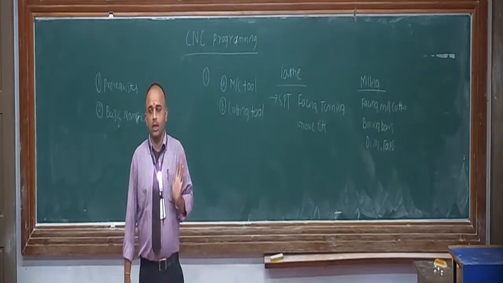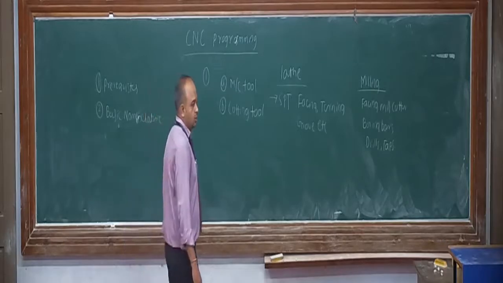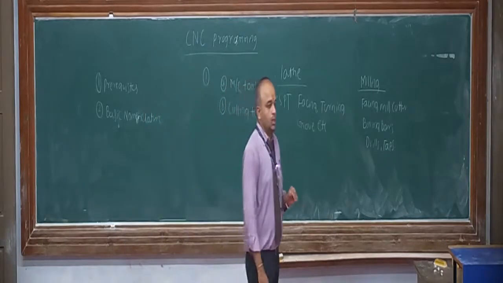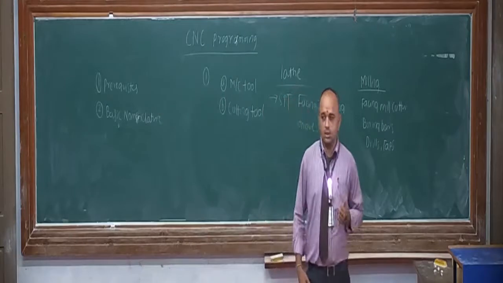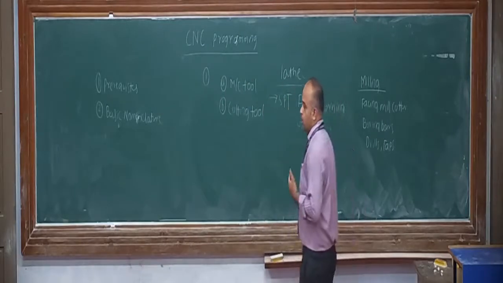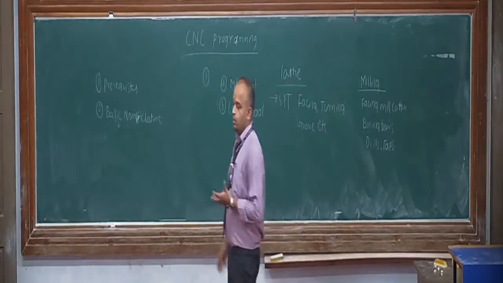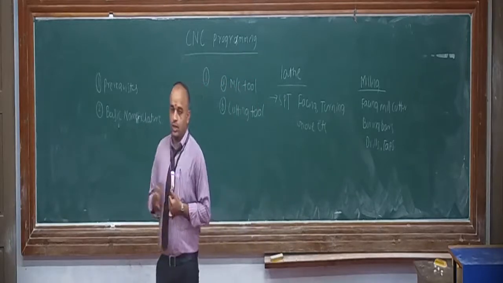But if you want to do automation, we cannot restrict ourselves to only 4. So in a CNC machine, the holder can hold more than 12 tools, so that those tools can be utilized.